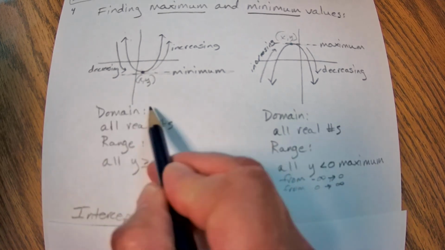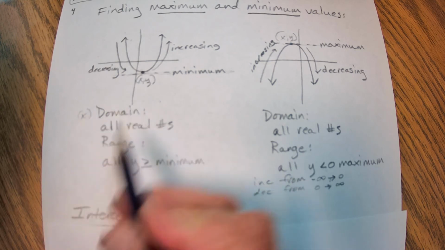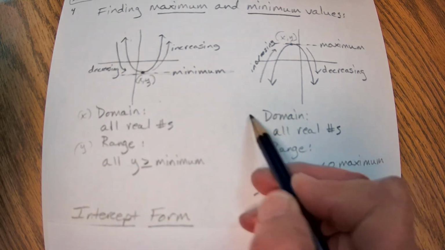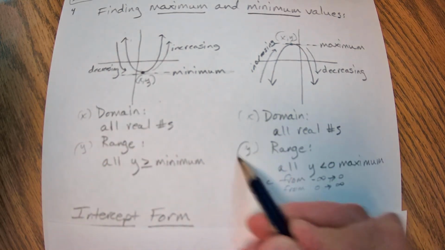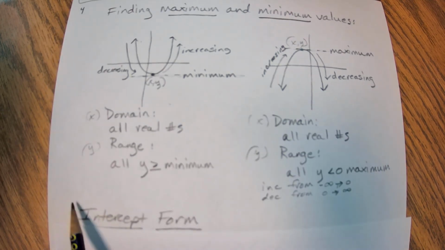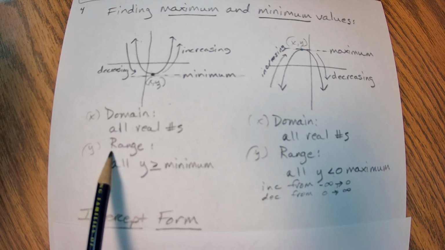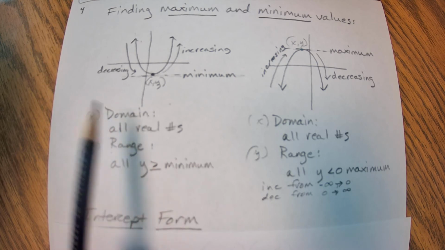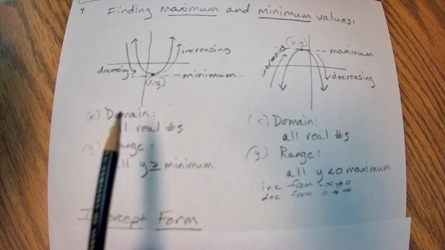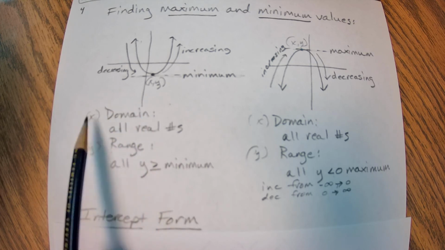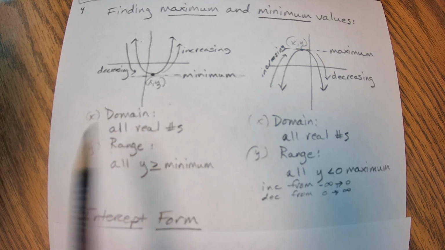So let's talk about domain and range. Remember, domain is what x can be, range is what y can be. If you can't remember, this is how I used to remember it when I was in school. D comes before R in the alphabet, X comes before Y in the alphabet. The domain is what X can be, the range is what Y can be.